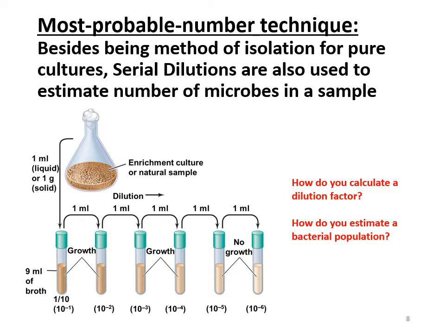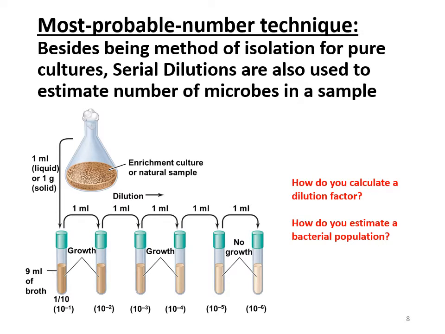Okay, so what you see here is you have your main enriched culture, which is any culture where you just grew some bacteria in liquid media, and now that the culture is cloudy, you know that there's growth in there, but you don't know approximately how much. You can't just look at a cloudy culture and say, oh yeah, there's 1 million bacteria in there, or 2 million bacteria.